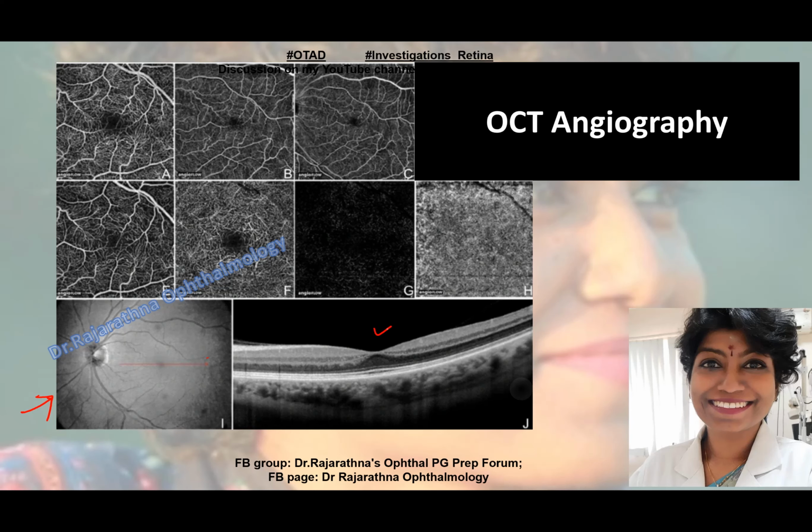Now what you see in F is the deep capillary plexus, which is located along the inner nuclear layer and the outer plexiform layer. Okay, so deep capillary plexus is along the inner nuclear layer, OPL area, and this is ganglion cell layer, RNFL.